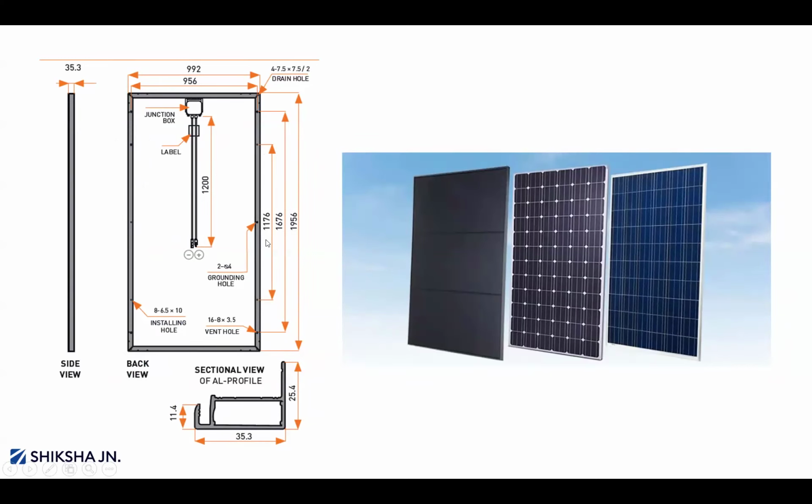These are the mounting pole pitches, 1176 and another pitch of 1676, and the overall module dimension is 1956 into 992, and this is the module thickness, and this is the horizontal pitch 956. Based on these details, we have to provide them to the module mounting structure designers, so they will design structures suitable to our PV module.